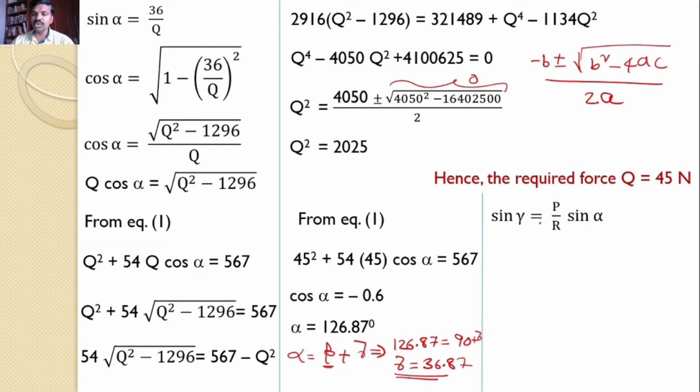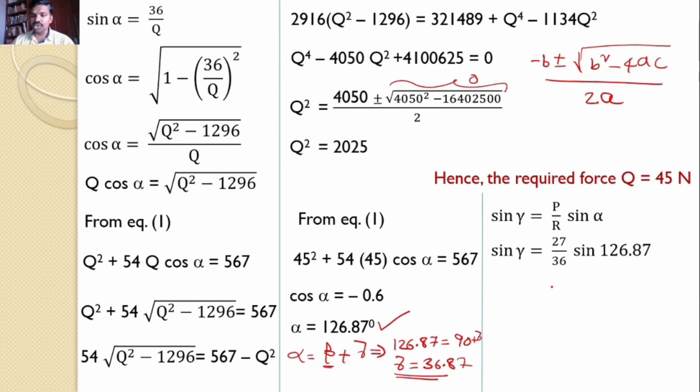Or you can also use the equation sine gamma is equal to P by R into sine alpha. So P value is given as 27, R value is also given as 36, and alpha value we just calculated as 126.87.